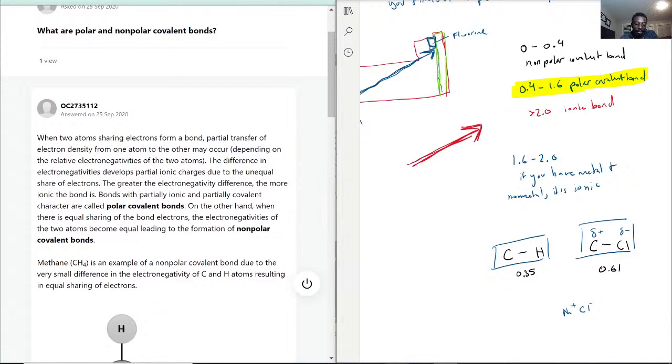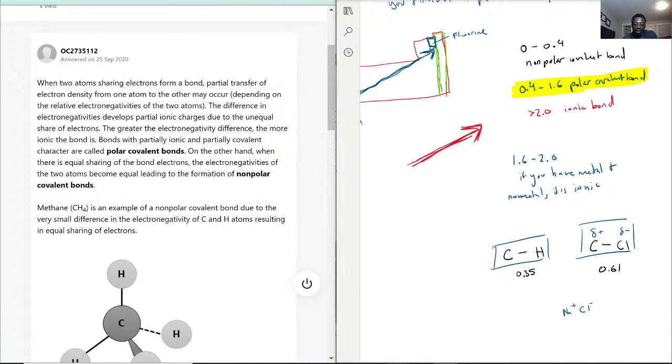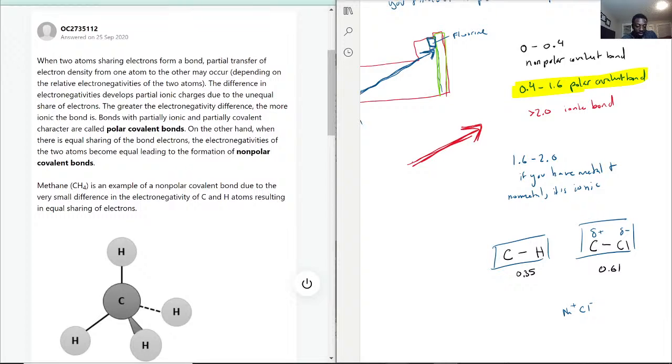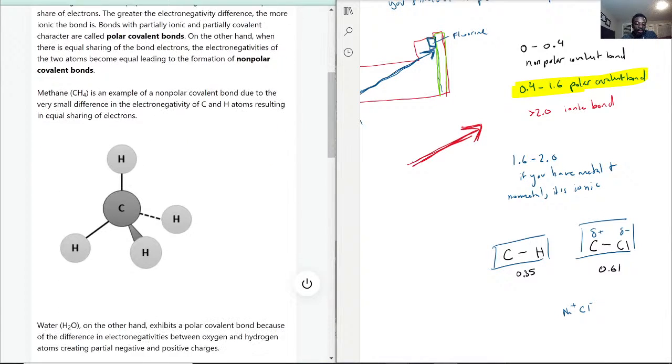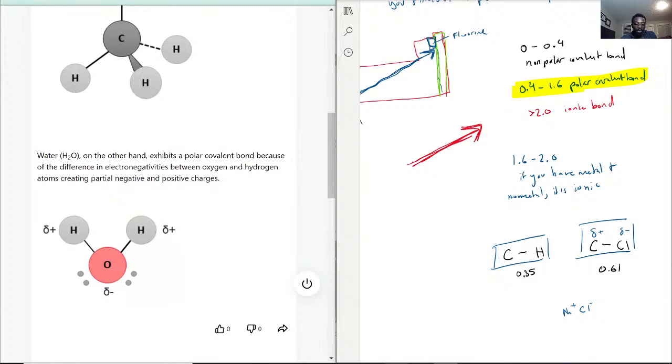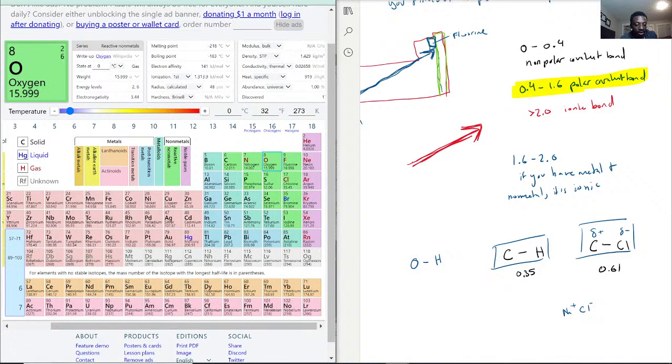So methane is a good example of a non-polar covalent bond, because the C-H bond is not polar. Water is an example of a polar covalent bond, not because of the lone pairs, but specifically because of the bond between oxygen and hydrogen. Hydrogen is 2.20, and oxygen, based on the periodic table, is 3.44.